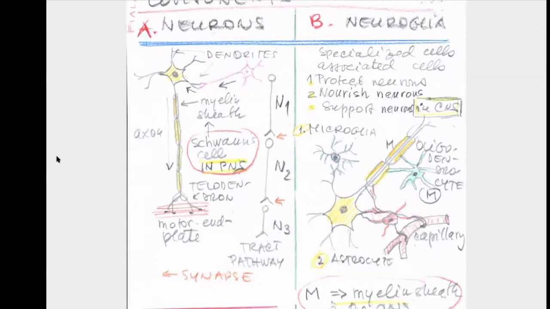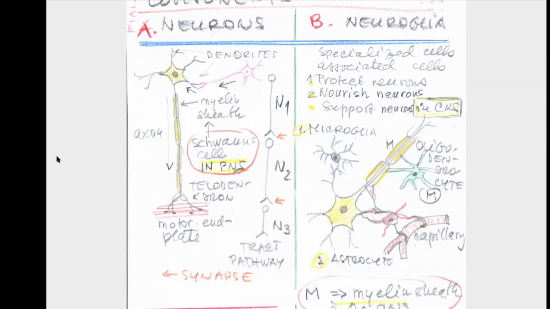And also on this side, we see the arrow showing the direction of the spread of impulses. The axon is covered by the myelin sheath, which is written on the right side of the same drawing.